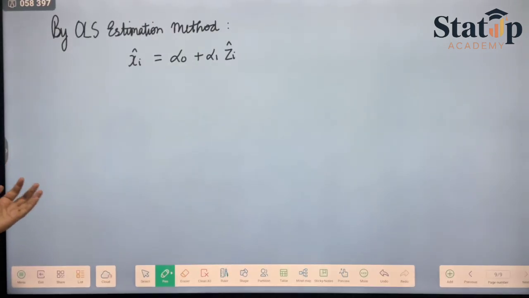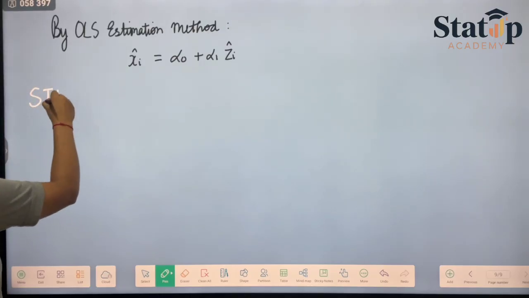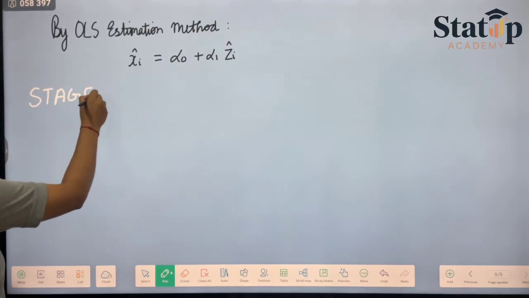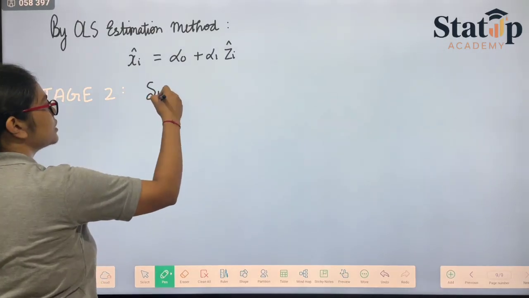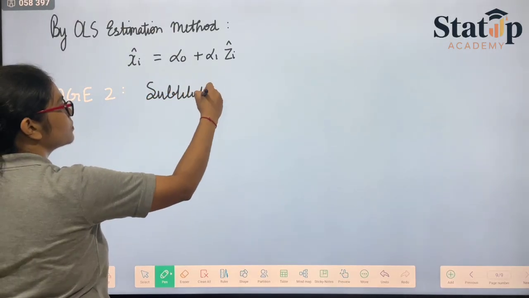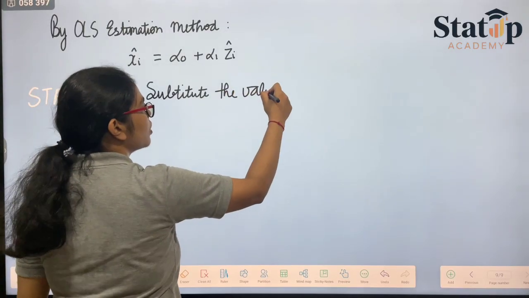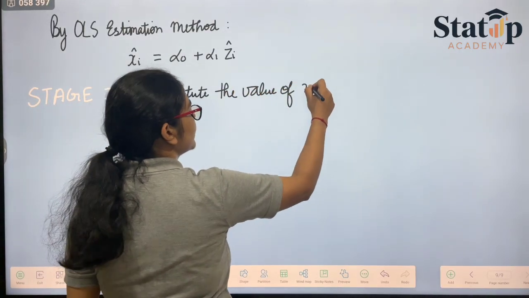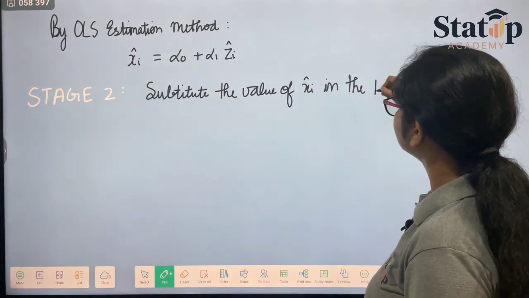We will get the predicted values of xi. Now in stage 2, we will substitute the value of xi cap in the model.